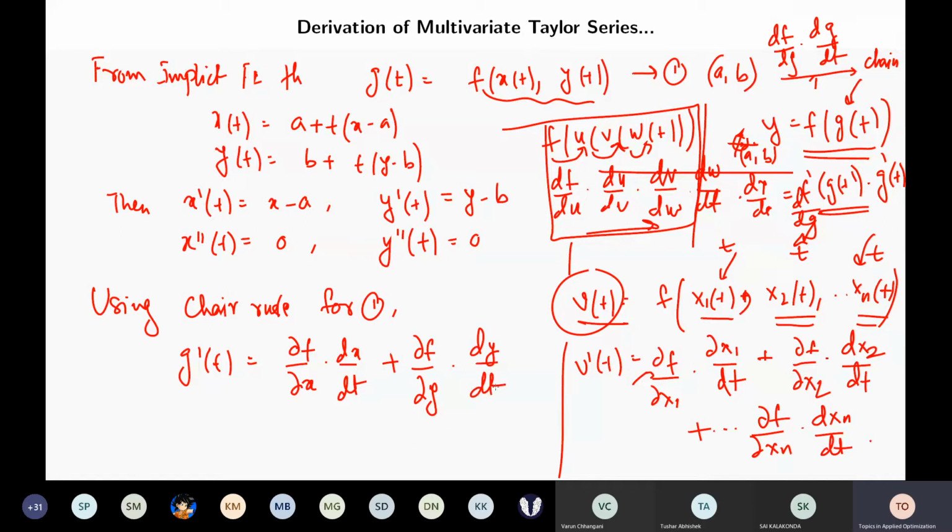So this is what we have, and we can also take a double derivative. So let us note down g prime of t is del f by del x times dx by dt, and plus del f by del y times dy by dt.